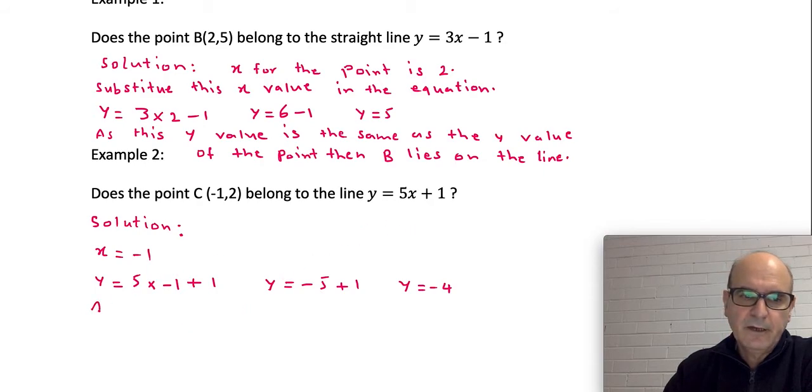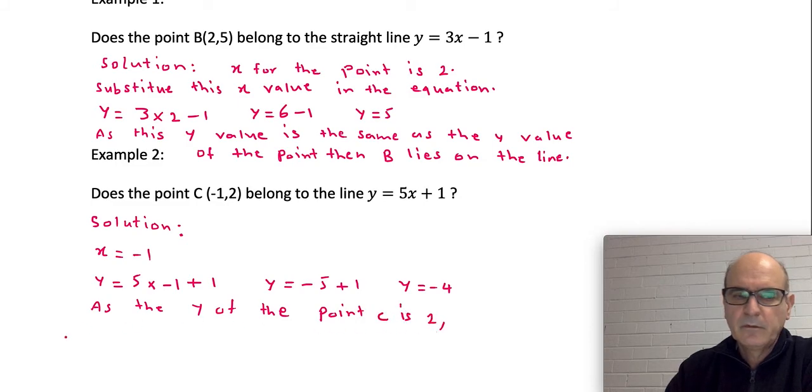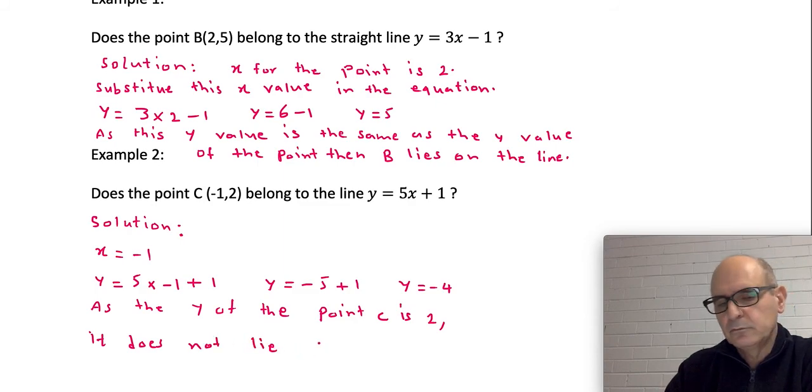So as the y of the point C is 2, it does not lie on the line.